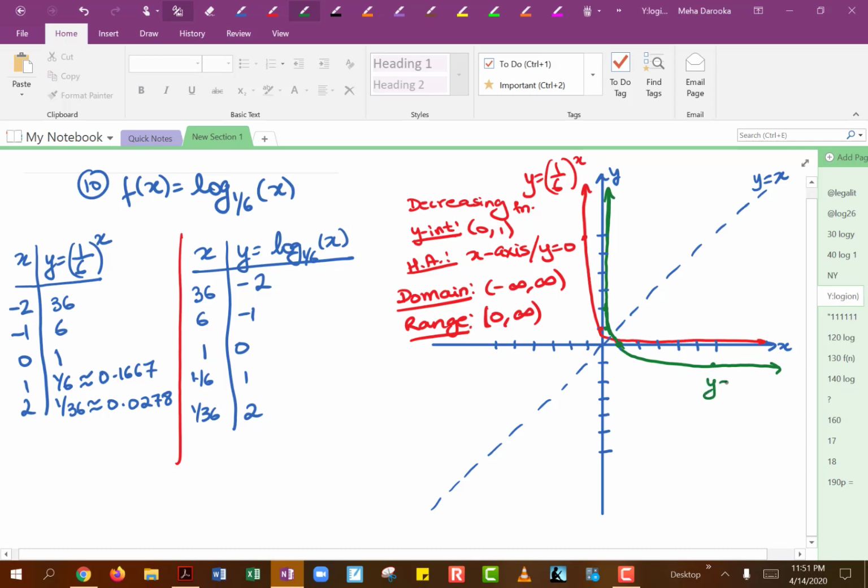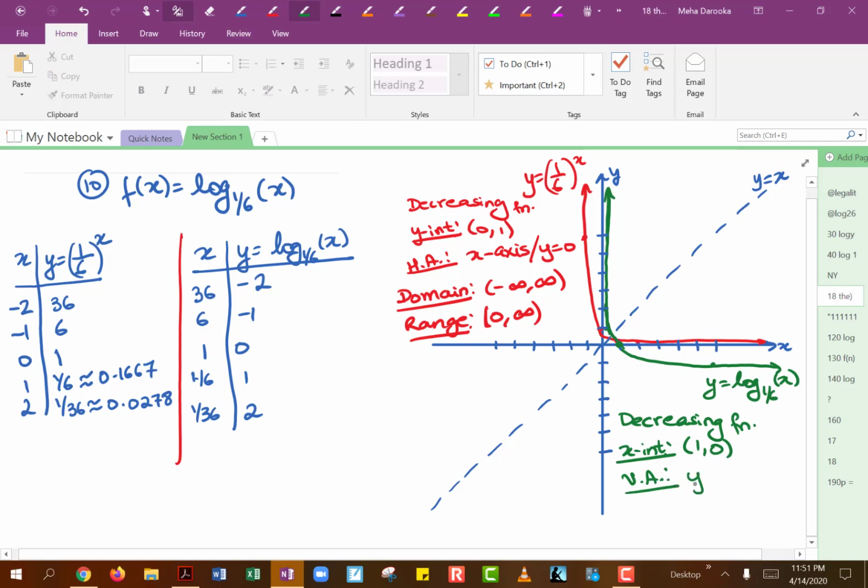So again, you should notice as we go from left to right, this is a decreasing function. We have an x-intercept in this case at the point (1, 0). Instead of a horizontal asymptote, we have a vertical asymptote at the y-axis, which will be the line x equals 0.